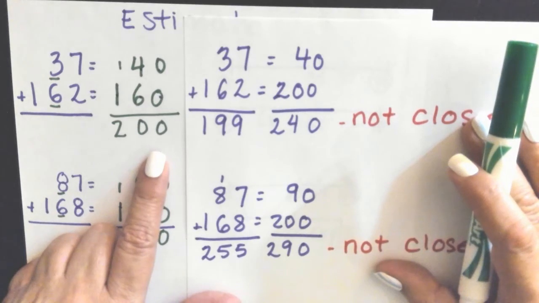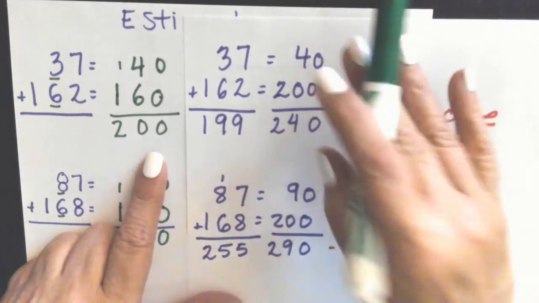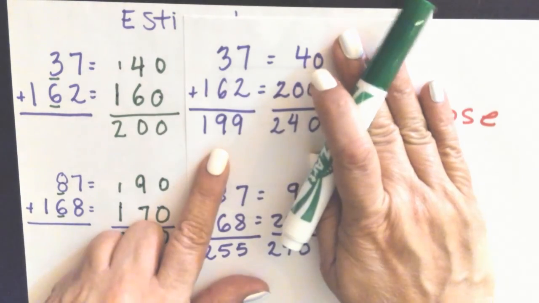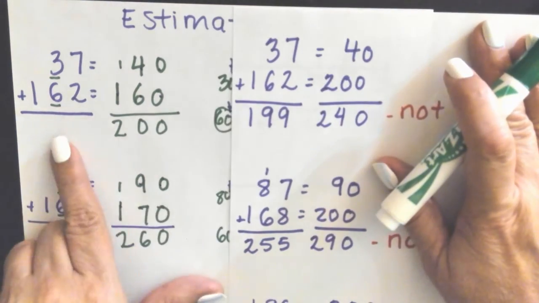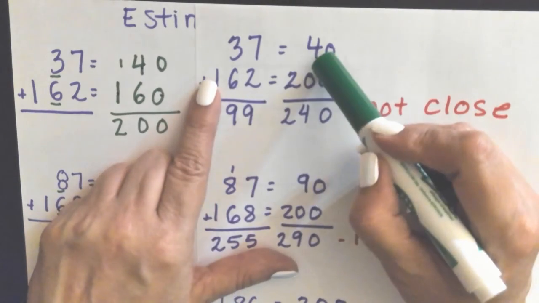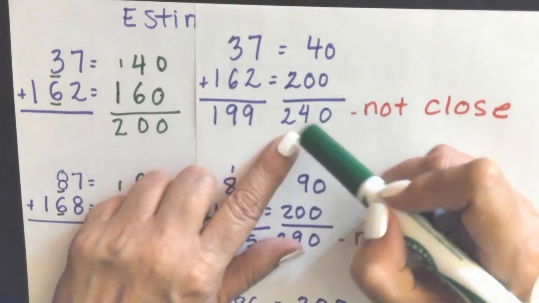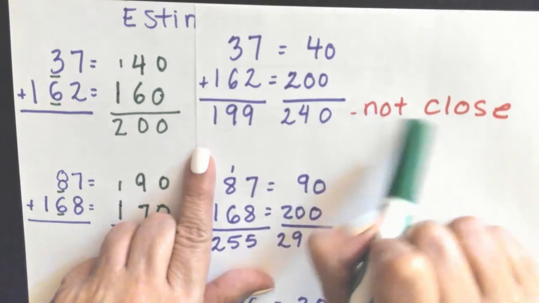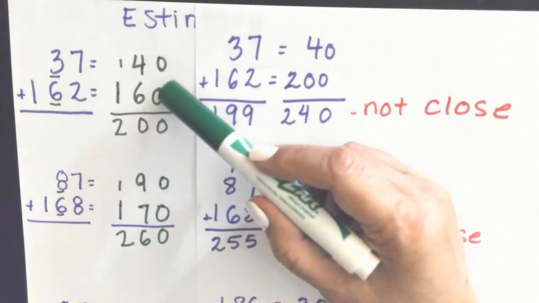Isn't that close to the actual answer? Yes, it is. However, if we rounded this to 200, and then this is 40, look at that. Is that close to the number? Nope, it's not close. Do you see why we round to the nearest 10?